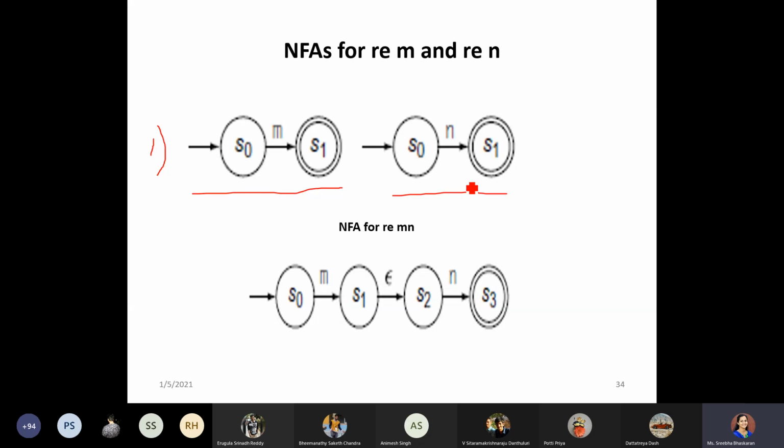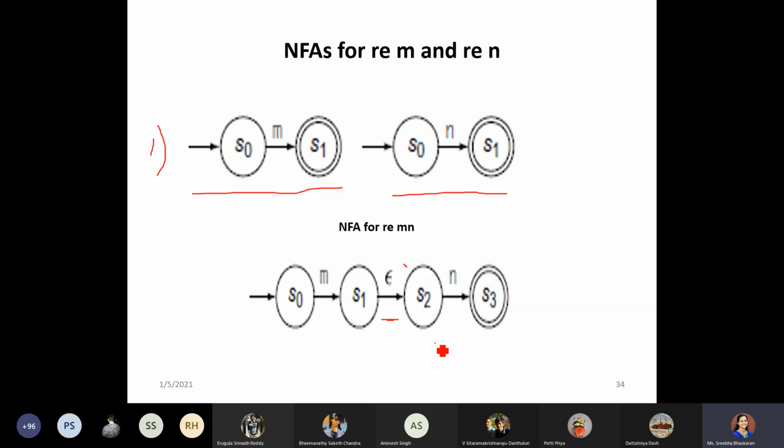Now if you are asked to generate MN by using Thompson's construction, that is M and N, both these cases should be combined. How are we going to combine two things together? With the help of epsilon. That is where epsilon comes into the picture, and that is how Thompson's construction works.